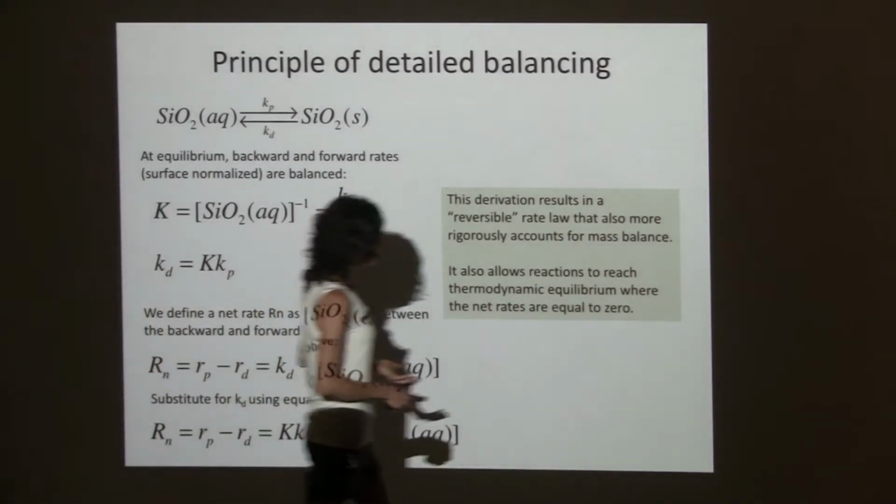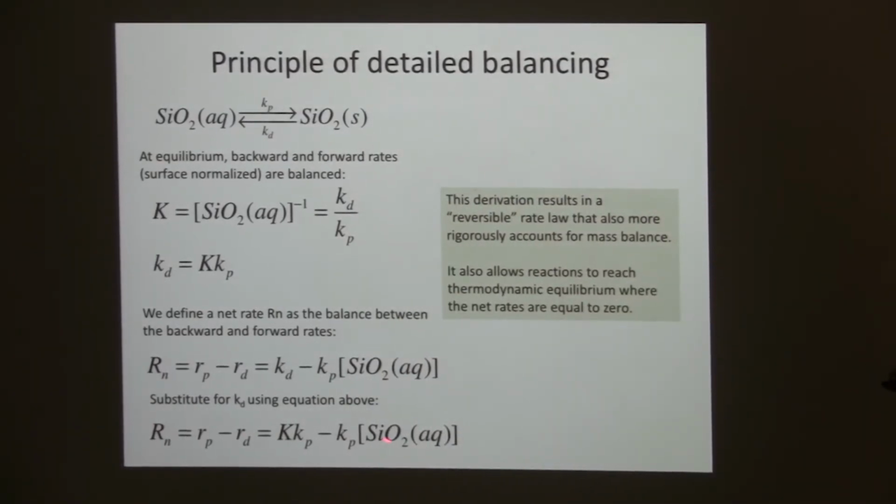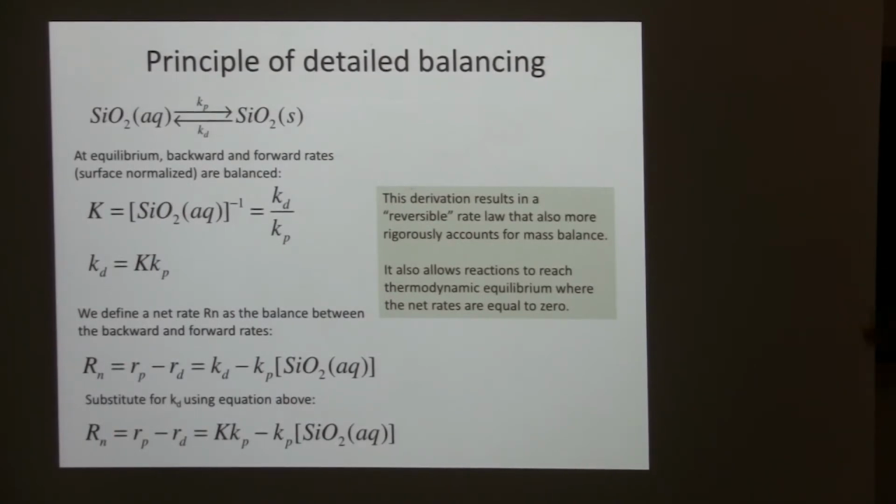And then really simply writing down a rate law that's operating near equilibrium is just a matter of algebra. All we're going to do is just say that there's this forward addition of material to the mineral minus this backward removal of material from the mineral. We can sub in this sort of information, and what we wind up with is this idea that there's an equilibrium constant, there's this sort of kinetic rate, and there's the concentration in solution.